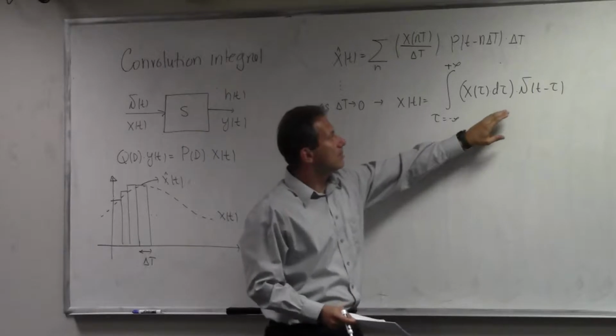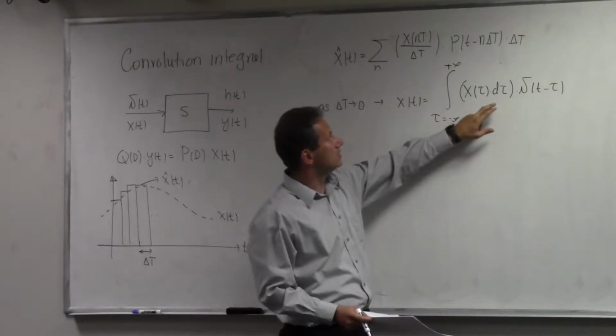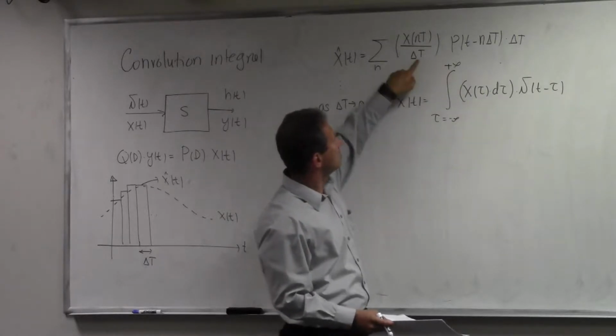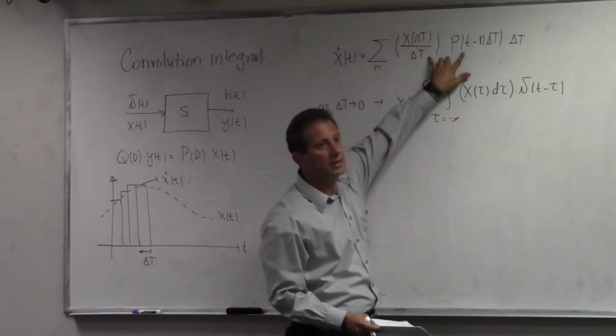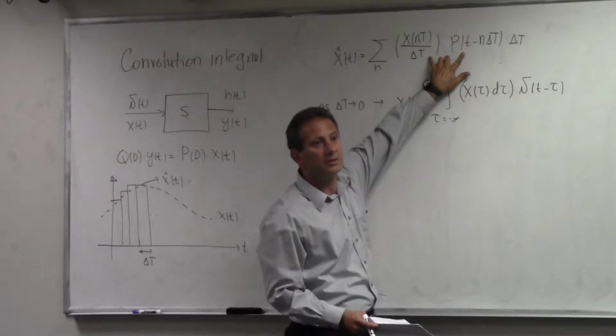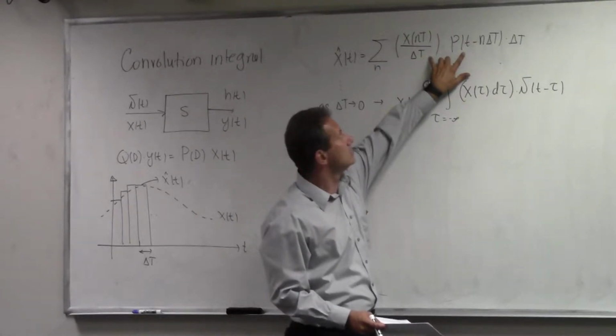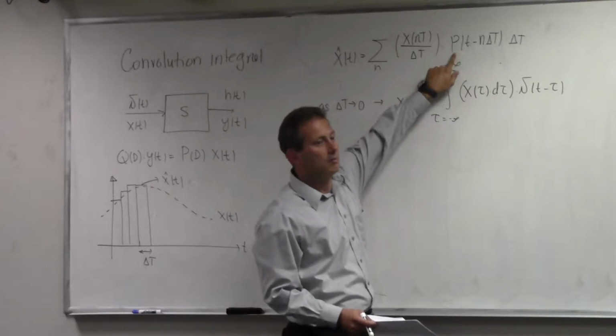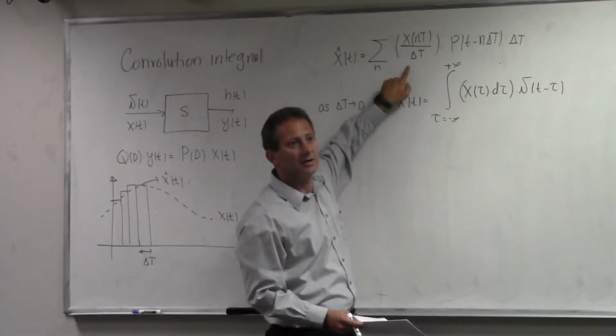So what happened here is that this part and this part, as delta t goes to 0, becomes a delta. You can see that this pulse becomes narrower and narrower, but its height becomes higher and higher.